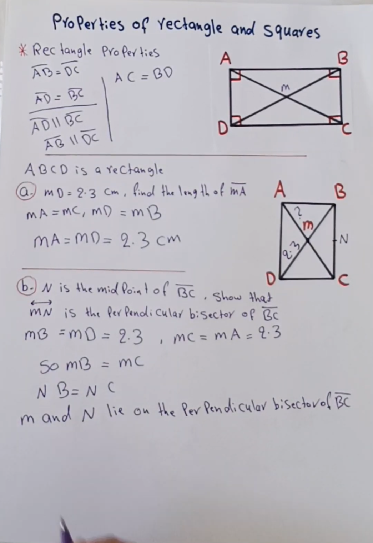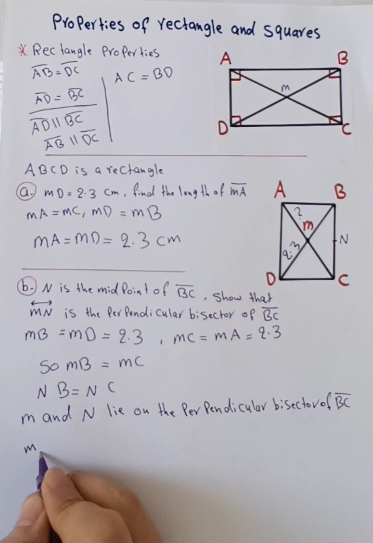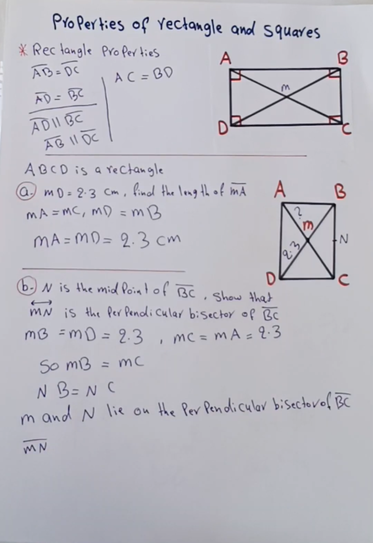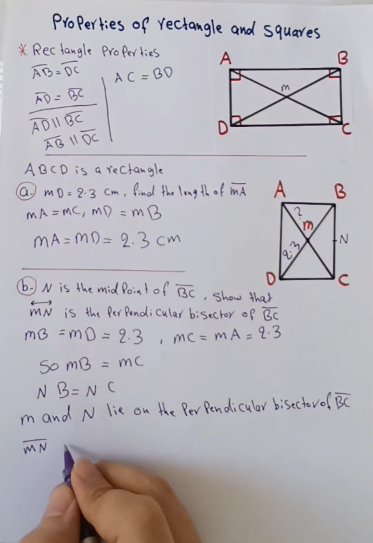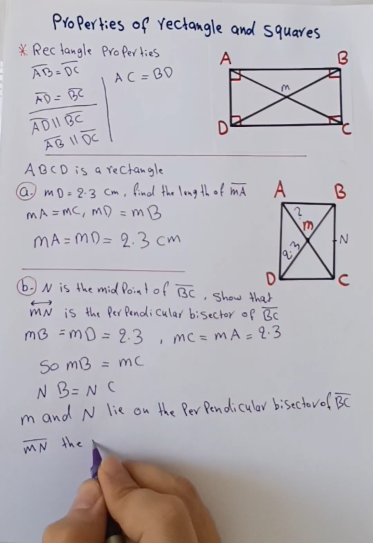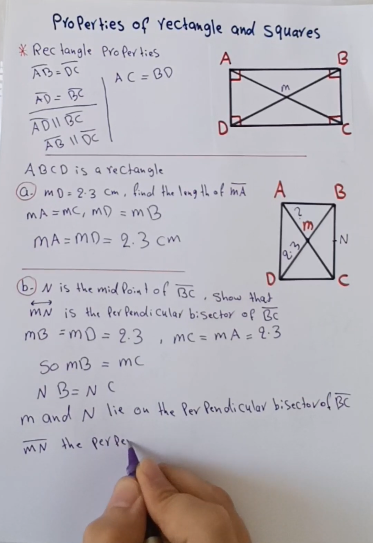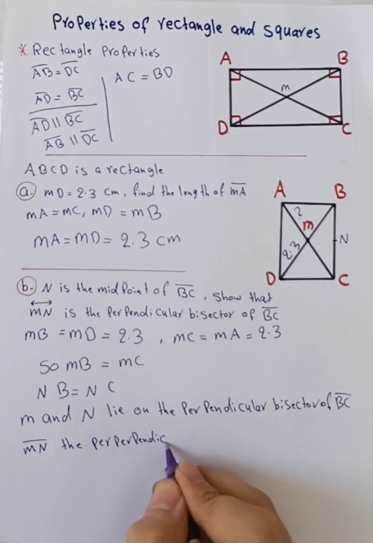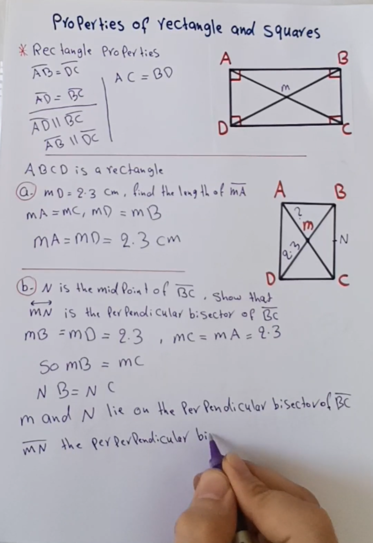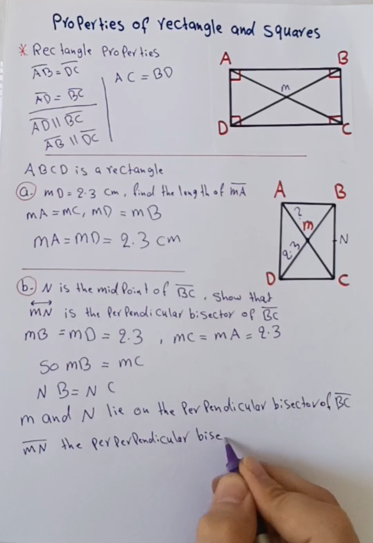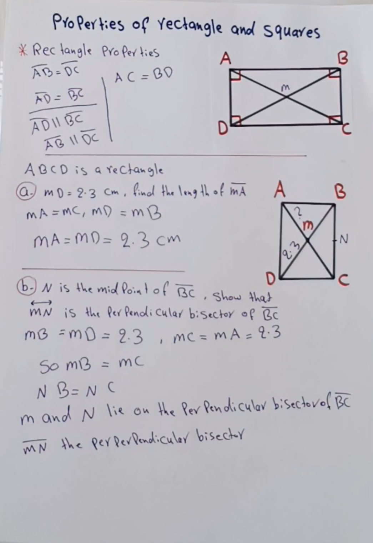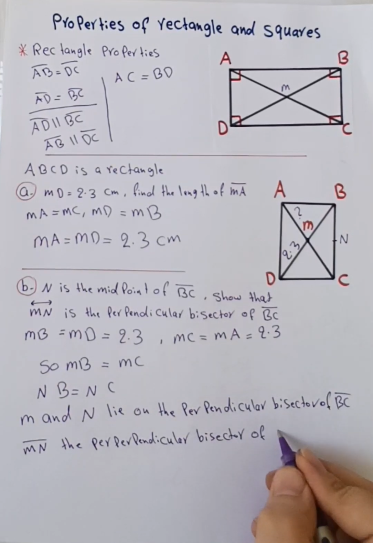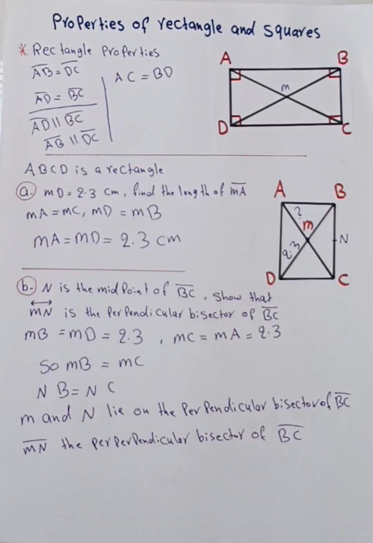So we can say MN is the perpendicular bisector of BC.